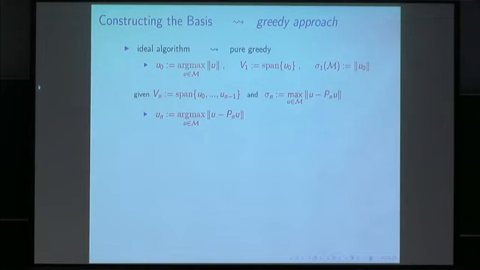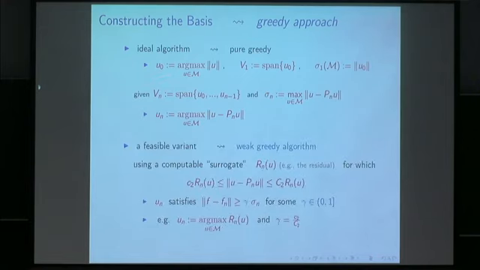So at the beginning, we of course start with the 0 point, and then find the element which has the largest norm from mu, and then we consider the n-dimensional space for the next step. We find the element which is furthest away from the previous n-dimensional space, and continue.